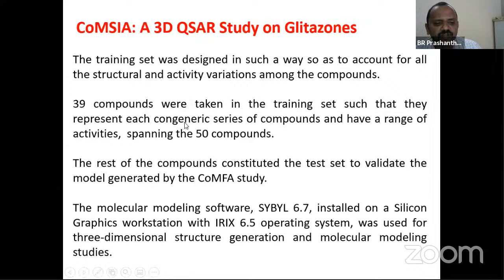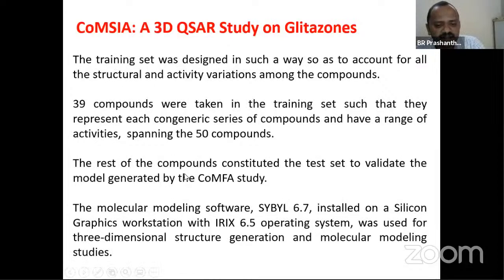In total, we did the CoMSIA analysis on 50 compounds. These ligands are glitazones, which are normally used for anti-diabetic activity, to lower the blood sugar level, that means to reduce insulin resistance.